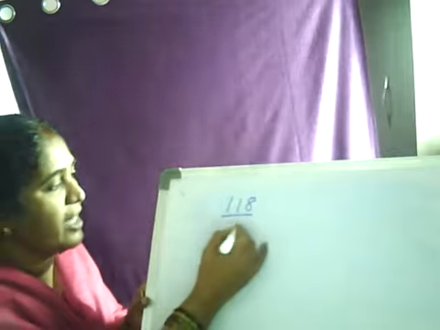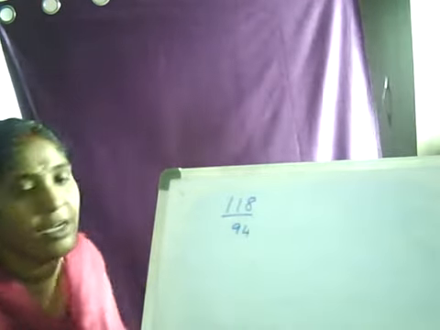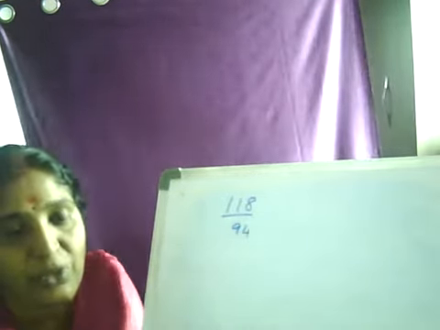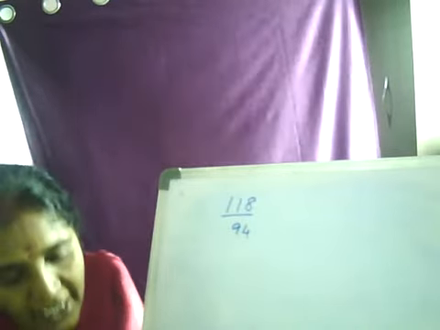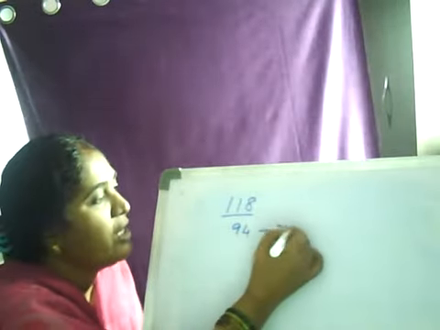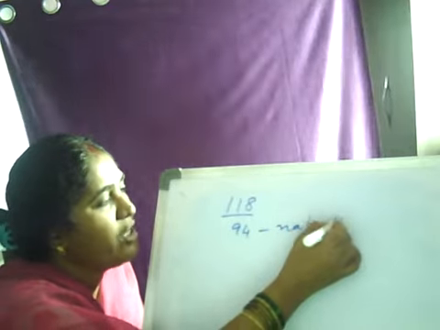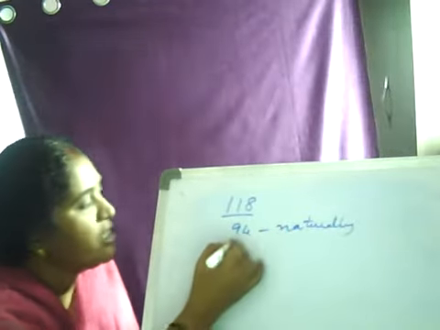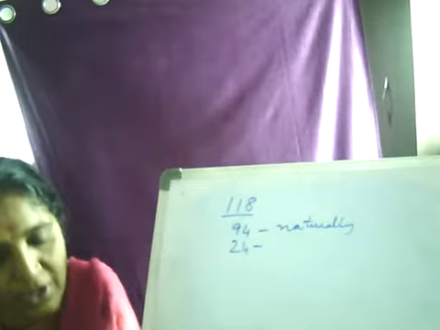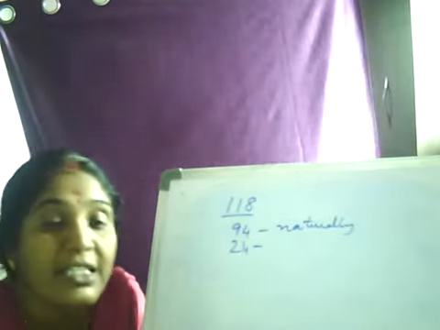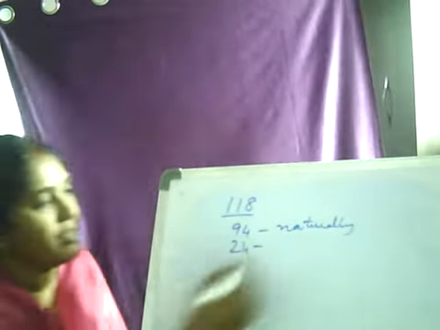We have 118 known elements. Under that, 94 are found naturally, whereas 24 are synthesized in the labs.